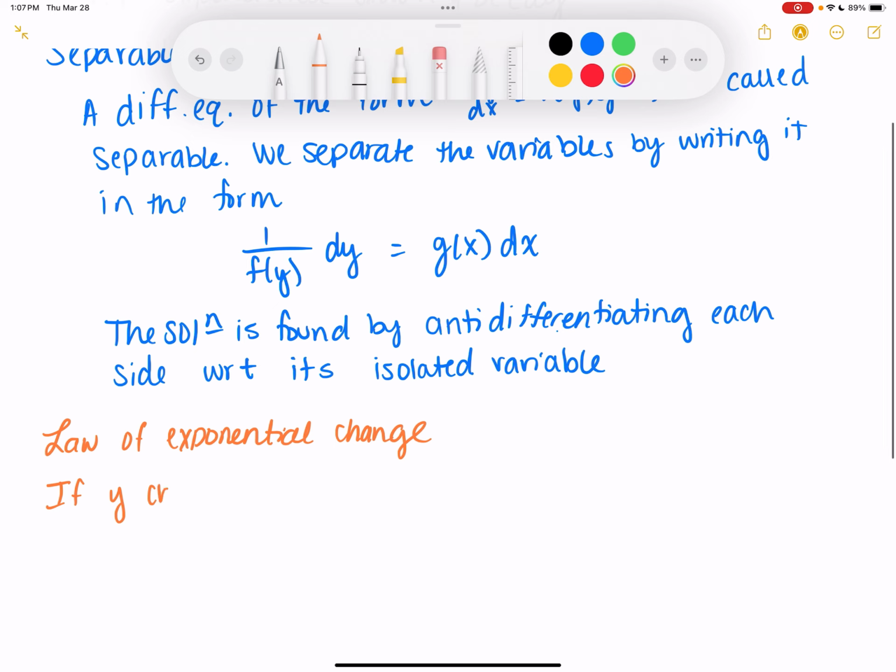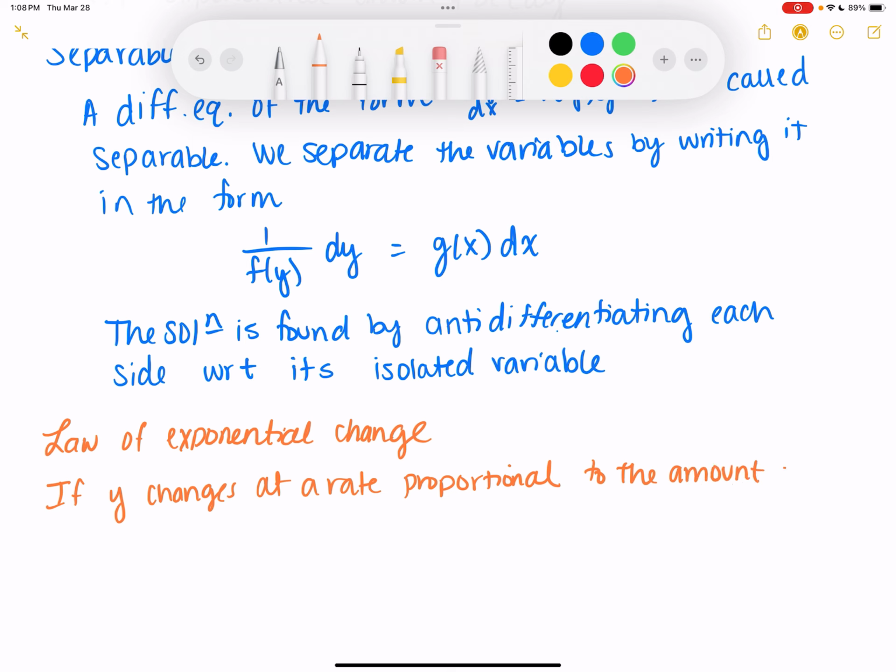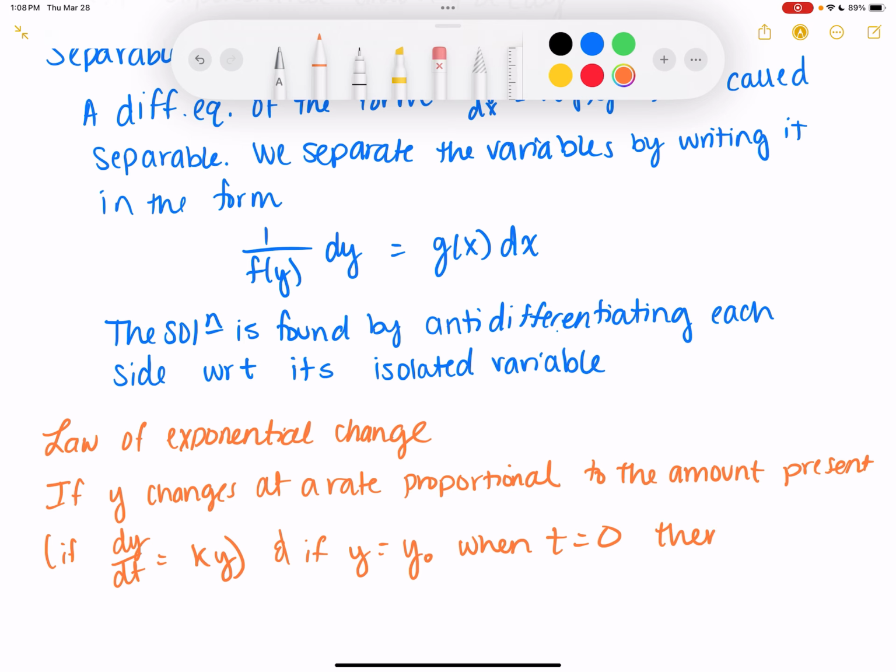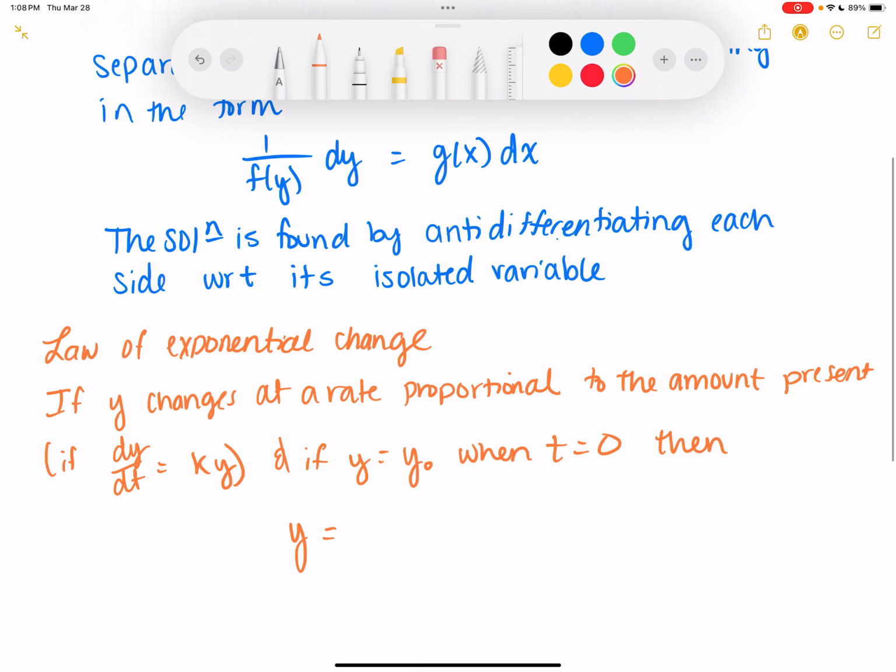If y changes at a rate proportional to the amount present, so if dy/dt is equal to k times y, and if y is equal to y sub 0 when t is equal to 0, then y equals y sub 0 e to the kt.